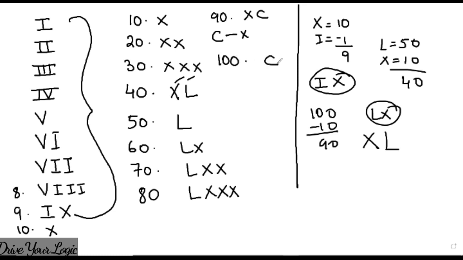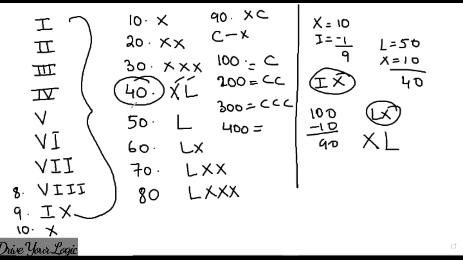Then comes 100, which is C. 200 is CC, 300 is CCC, then comes 400. So you have seen where the exception is coming: 40's place, 90's place, here 4's place, here 9's place. So for 400, what will you do?